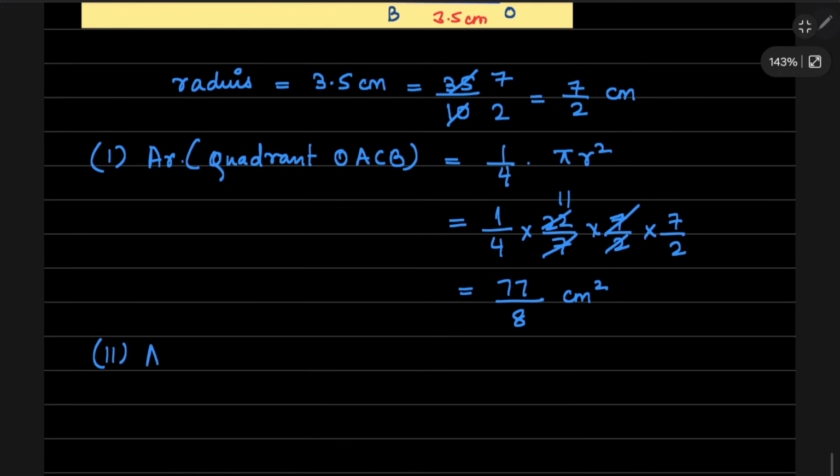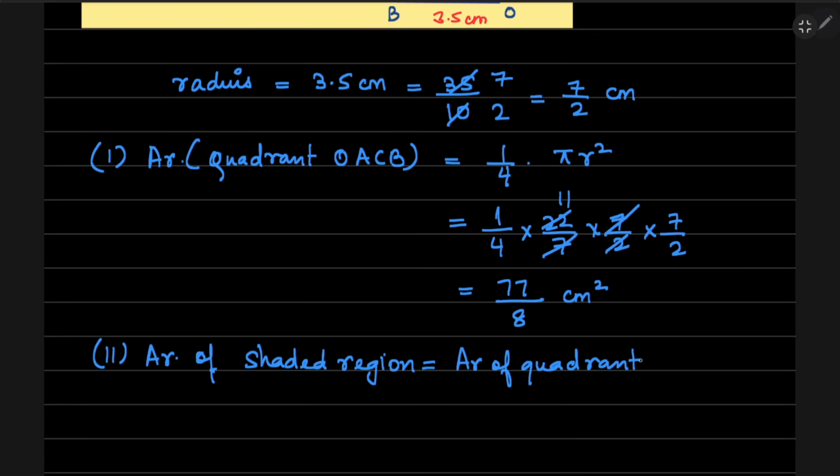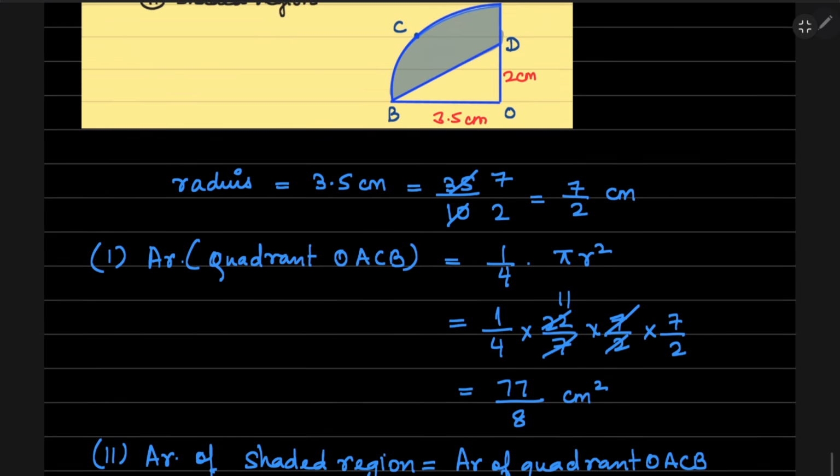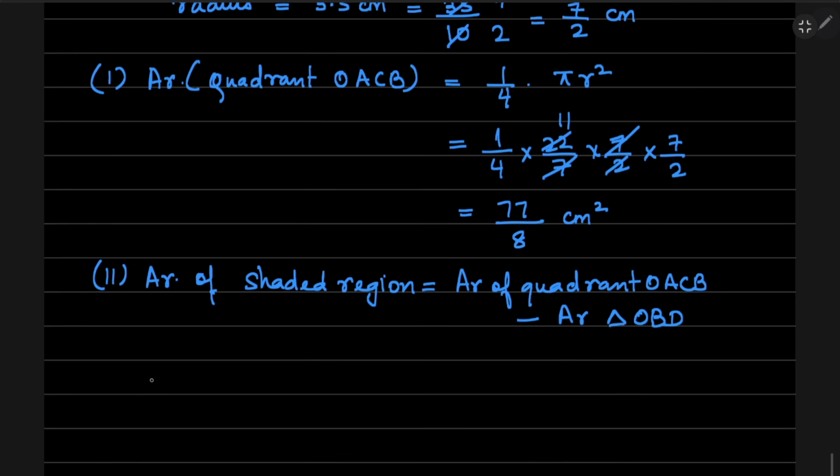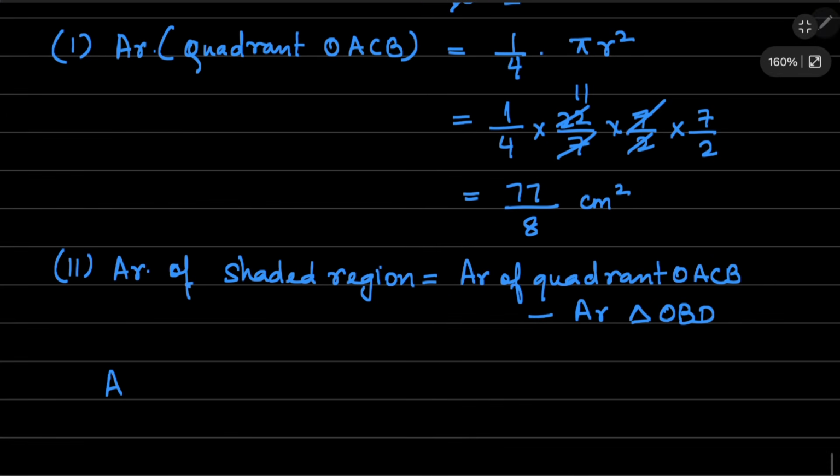So the area of the shaded region will be equal to the area of the quadrant OACB minus the area of the triangle OBD.